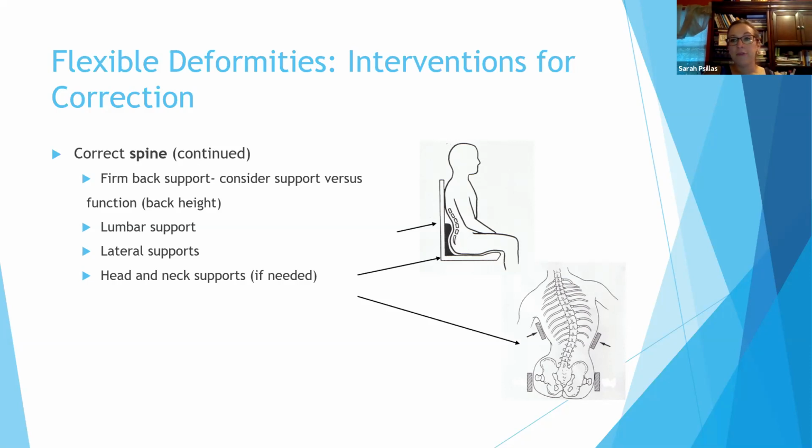You also might need to provide lateral support, so providing support either on their left or their right side to keep them upright. So there's a lot of different ways you can do that. And then if the head and neck look good after you've corrected the spine, then you don't need any sort of head or neck support. However, if they're off to the side or they're slumped forward or backwards, then you might need some sort of head and neck support.